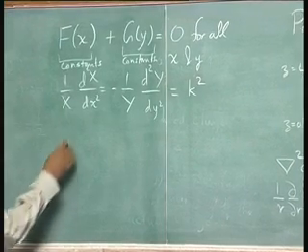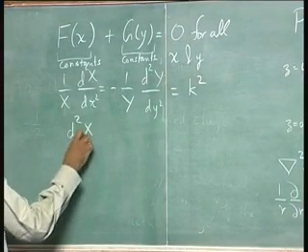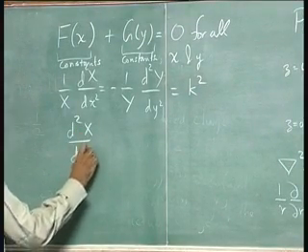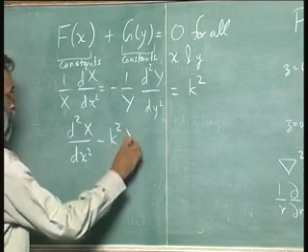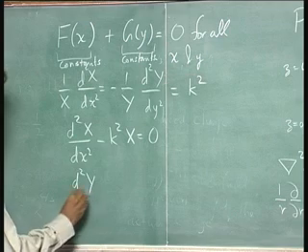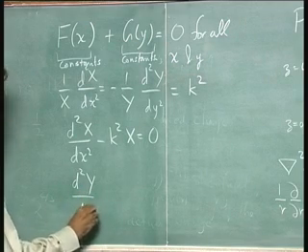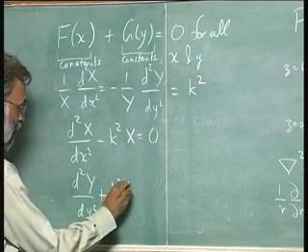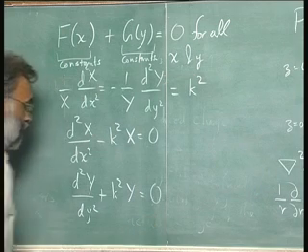Then I would get d squared X dx squared minus k squared X is equal to 0, and d squared Y dy squared plus k squared Y equals 0.